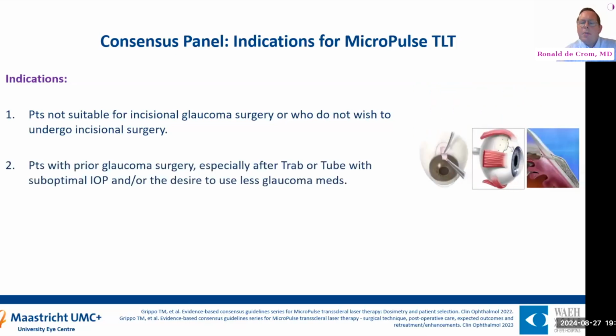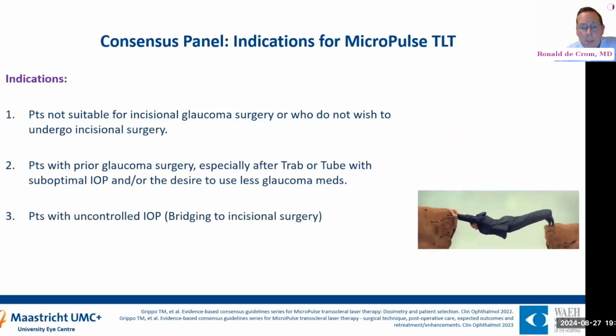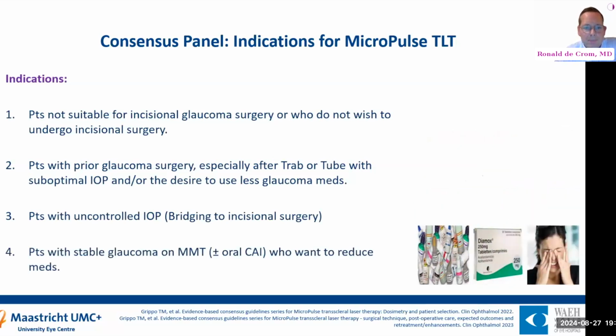Also, people who already received some glaucoma surgery, for example a trabeculectomy or a tube implant, are very suitable patients for MicroPulse TLT, for example to get better IOPs or to lower the use of glaucoma medications. You can also consider it if you want to bridge some time on the way to bigger glaucoma surgery, and also for patients who are stable but on a lot of medication.